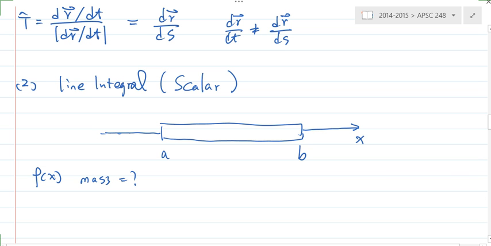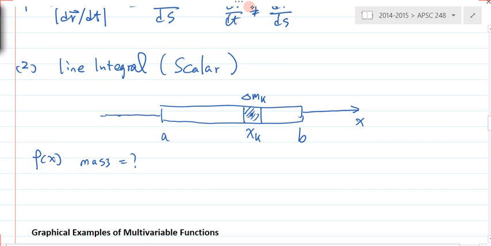You take a very small segment here, at the x_k location, and that small segment has a very small mass, which we call delta m_k. Essentially, we separate the rod into many small segments, each with a small mass delta m_k, and then we add them up to get the total mass of the rod. That's the idea.